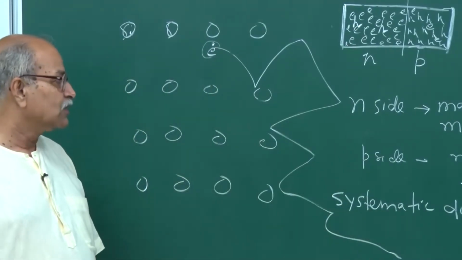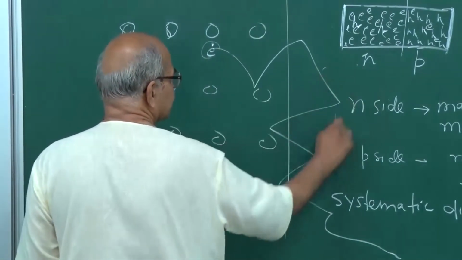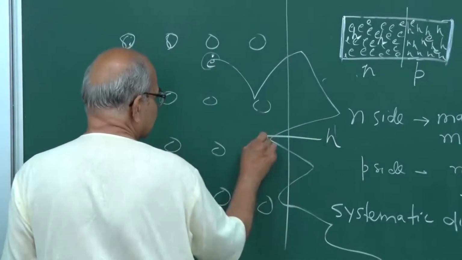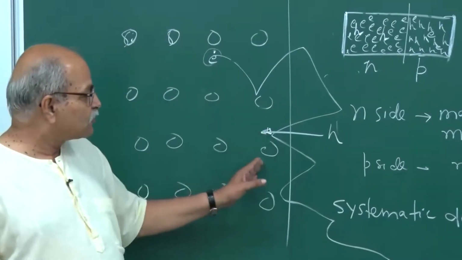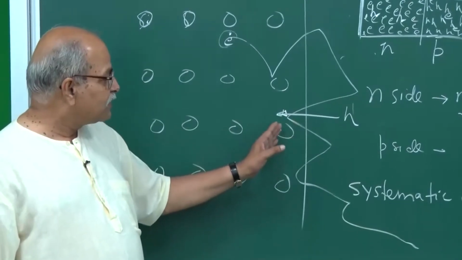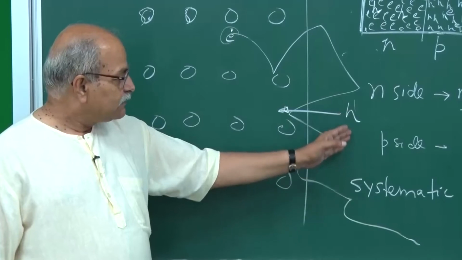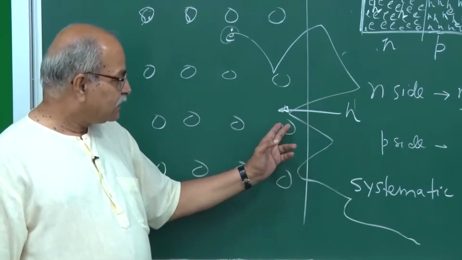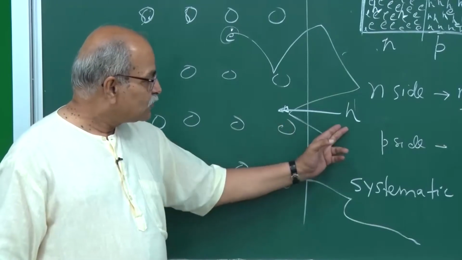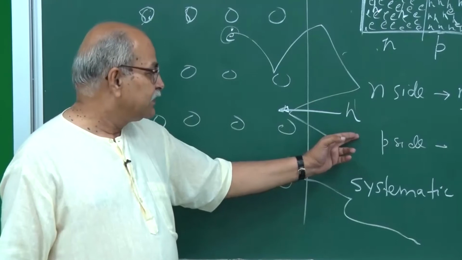And similarly holes, if you have a large number of holes here, some holes can diffuse to this side. Hole diffusion, you remember: a bonded electron breaks from here, and there was already a hole here, a broken bond. So, a new bond is broken here, and the bonded electron goes there, and the hole is filled here.